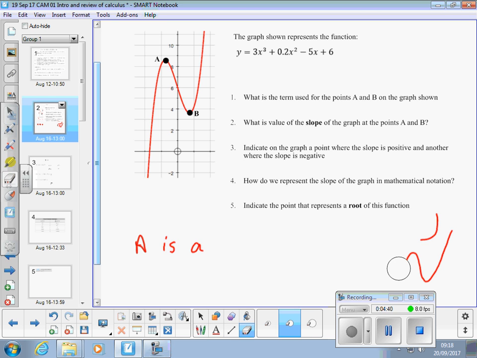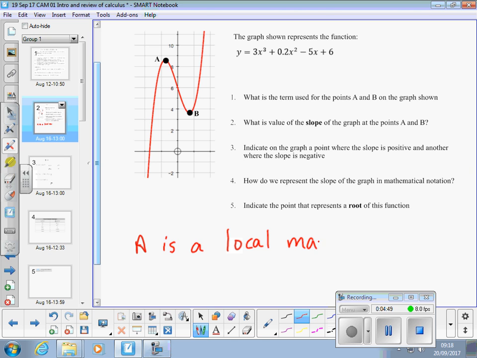maximum and minimum, yeah. I'll just qualify that a little bit further and say A is a local maximum and B is a local minimum.